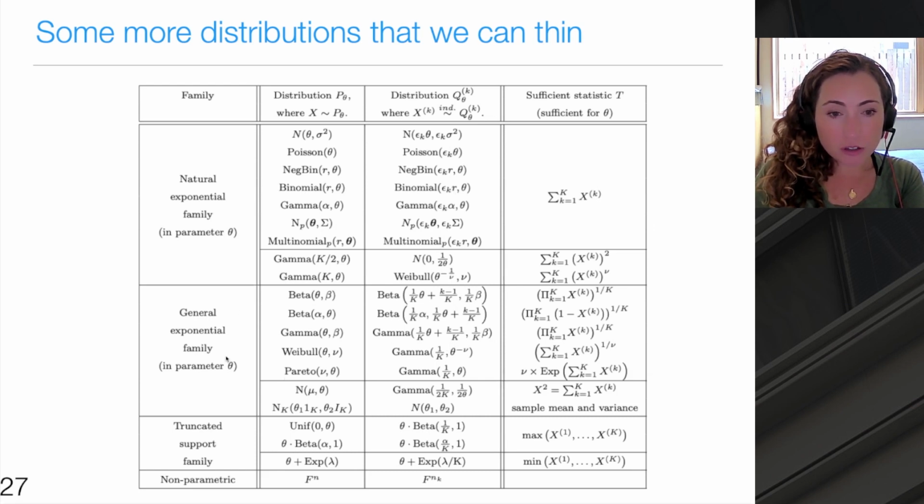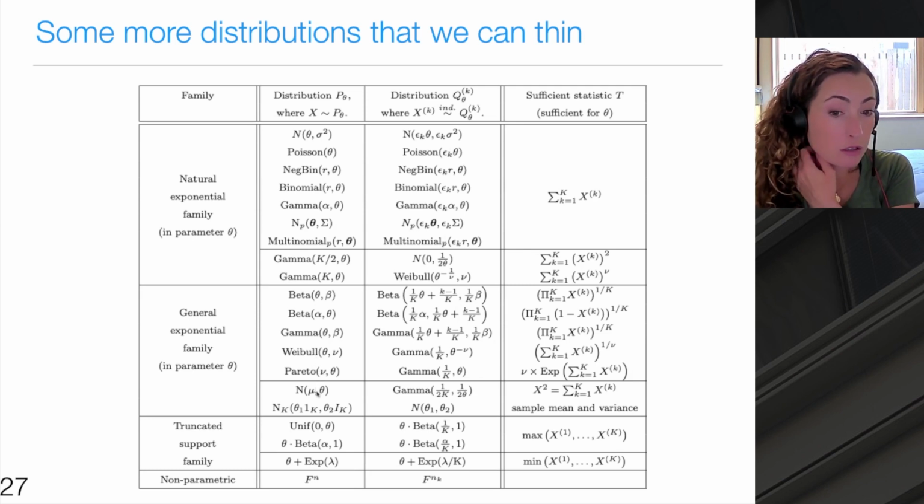Then we can move into the general exponential family, and I already mentioned the beta distribution and how we can thin that using the geometric mean. But we can also thin a gamma where the first parameter is unknown, a Weibull, a Pareto, a normal distribution where the variance is unknown. As I mentioned, sufficient statistics occur within exponential families and also in distributions with truncated support, where the support is governed by the parameter theta. We already looked at the uniform zero theta distribution, but there are some other examples of families with truncated support that we can thin.